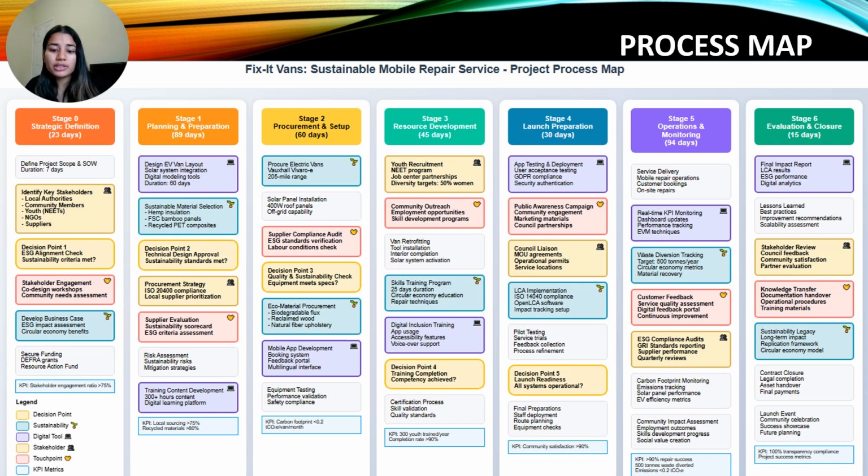Its visual representation demonstrates parallel work streams such as procurement, resource development, preparation of a launch, and the monitoring of continual operations. The sustainability metrics and key performance indicators are integrated at each level of the project so that the project meets the environmental targets of waste reduction and the social expectation of providing jobs to the youths.